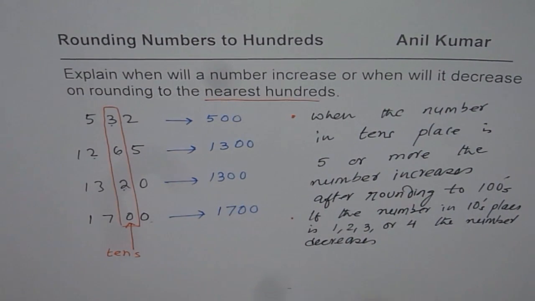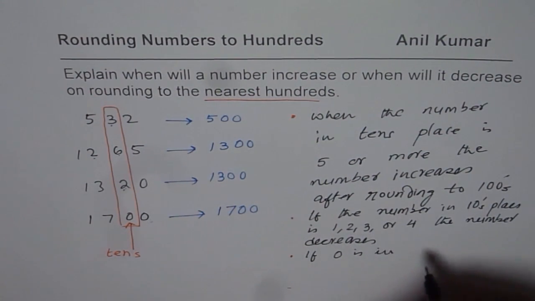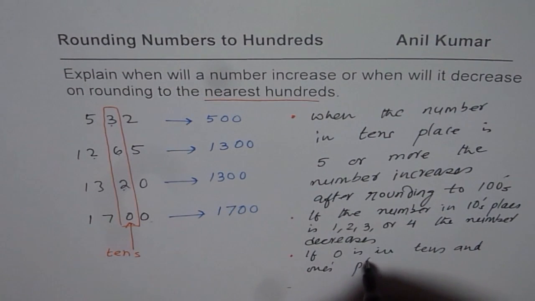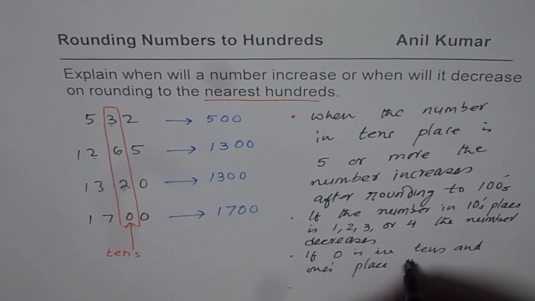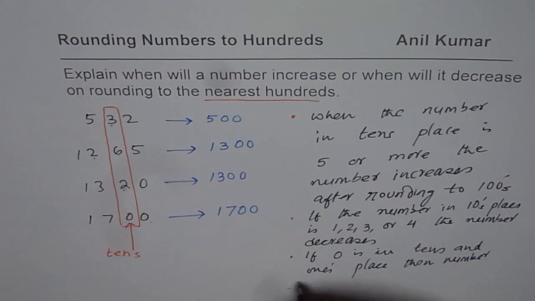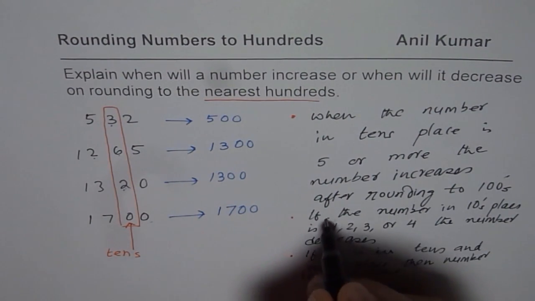And the last condition is if 0 is in tens and ones place, then number remains same, right? So I could include 0 here also, right?